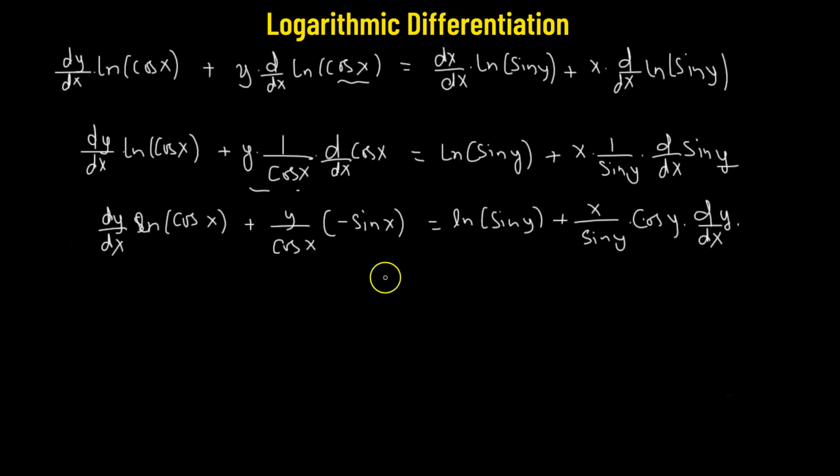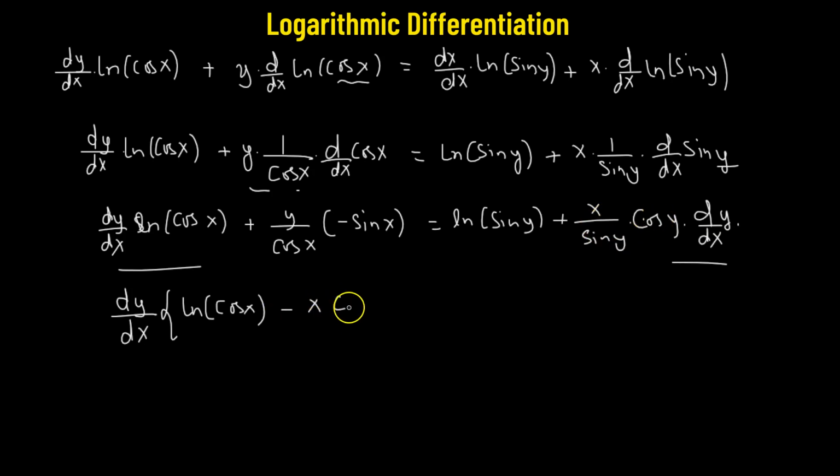Now we'll transpose the second term on the right hand side to the left hand side and combine with the first term on the left hand side. So we have derivative of y with respect to x multiplied to log of cosine x, and here we have negative x. Now we have a ratio here, cosine over sine, that is the cotangent function, so we have cotangent of y.